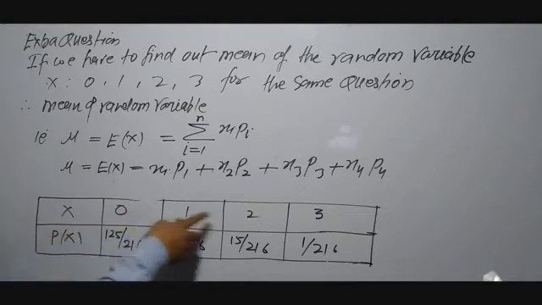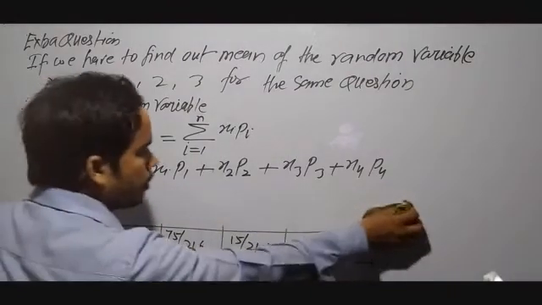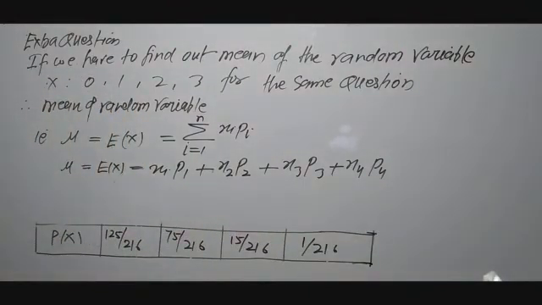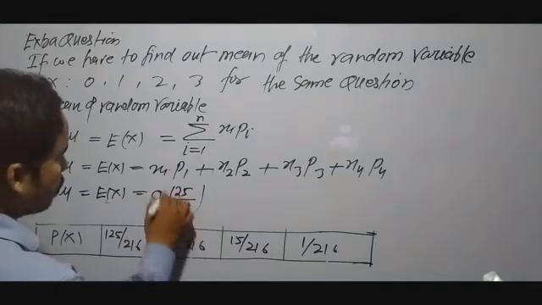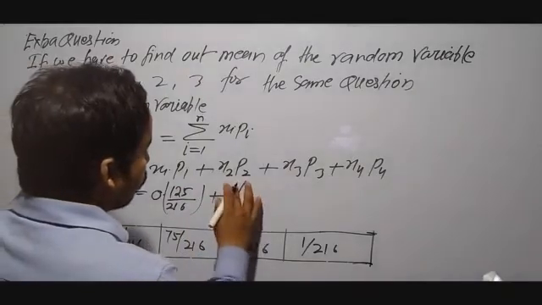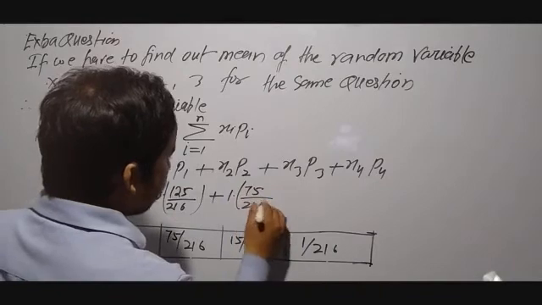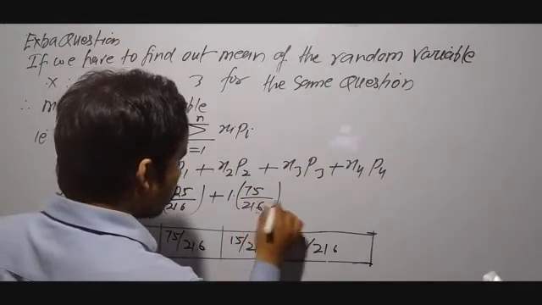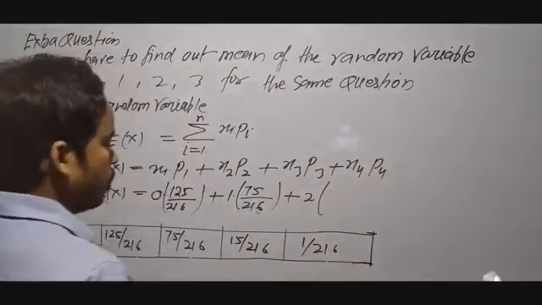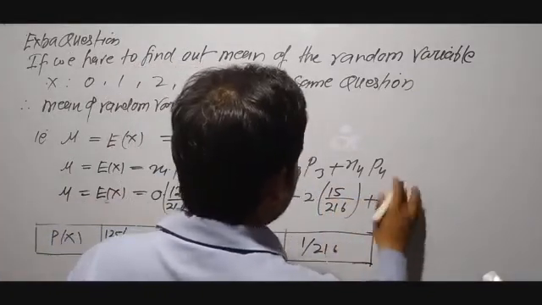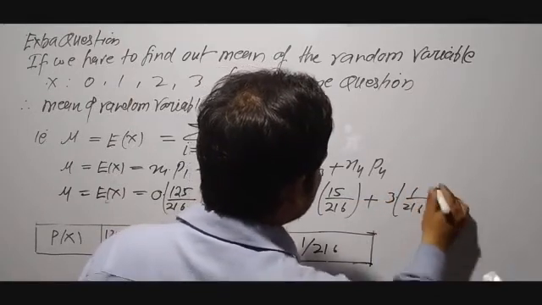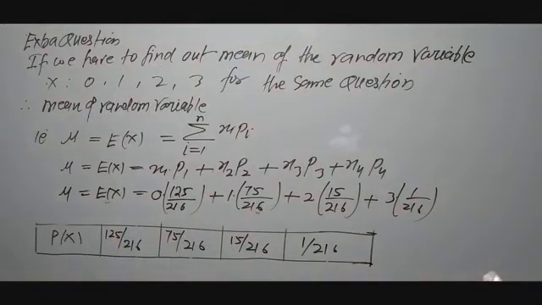So x1, x2, x3, x4 are here. Now E of x will be equal to 0 into p1, the probability 125 by 216, plus 1 into 75 by 216, plus 2 into 15 by 216, plus 3 into 1 upon 216. Now this is our mean calculation.